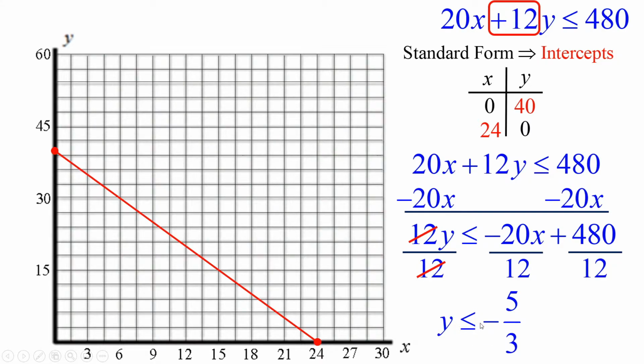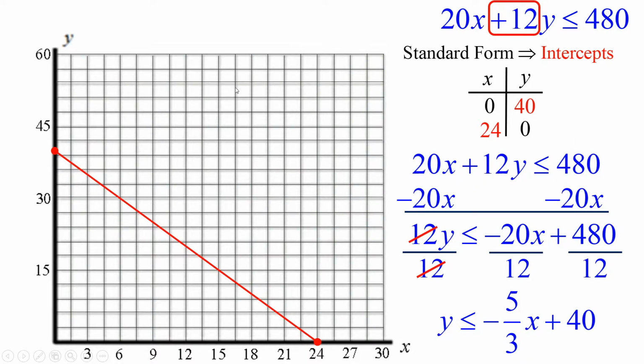So my slope is going to be negative 5 over 3. And don't forget your factor of x, and then plus, and we do 480 divided by 12, and that equals 40, plus 40.